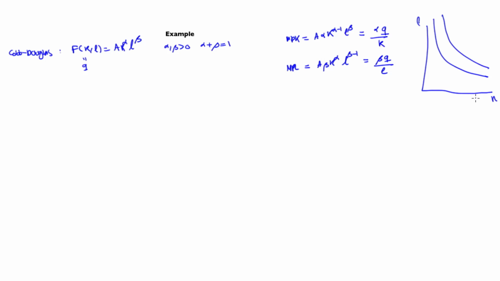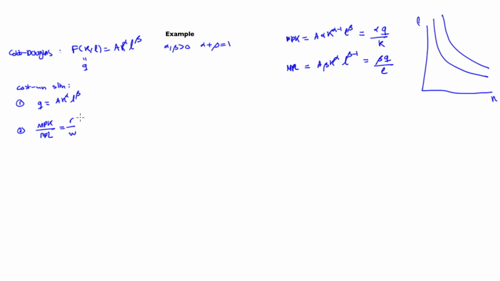So what does that mean? It means that the cost minimization solution is characterized by the two equations that I gave you. One, that Q is equal to A k to the alpha L to the beta. That's just substituting the production function. And the second one is that the marginal product of capital divided by the marginal product of labor has to be equal to the relative prices.